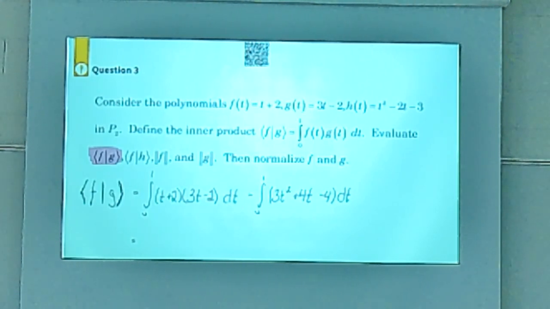How do we find integrals? So what would it be?